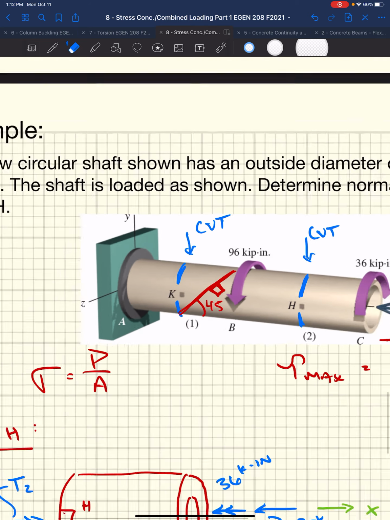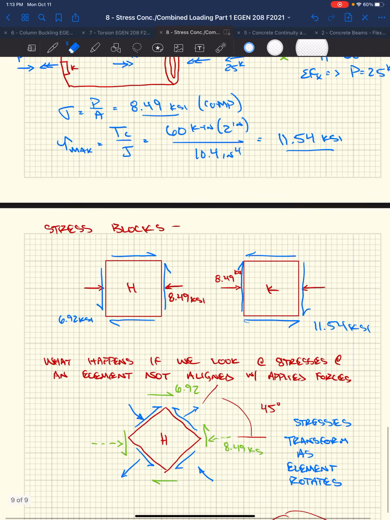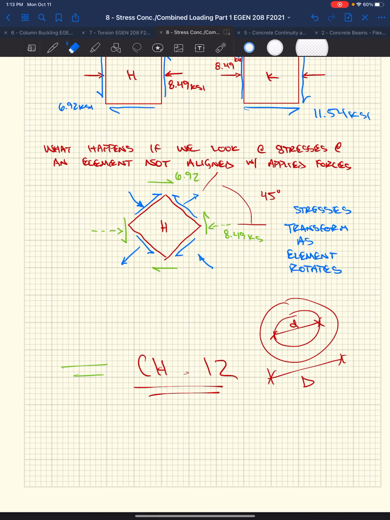And so in order to calculate what is the worst case, we need to look at worst possible demands at any orientation.